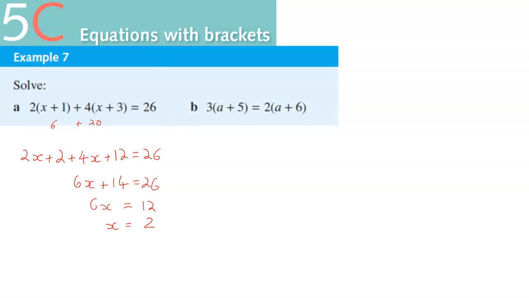Here I've got brackets on both sides of my equal sign. That's fine. I'm going to again start by expanding. 3a plus 15, 2a plus 12. Now, if you cast your minds back to solving equations with the unknown on both sides, the best thing to do is identify the smallest amount.